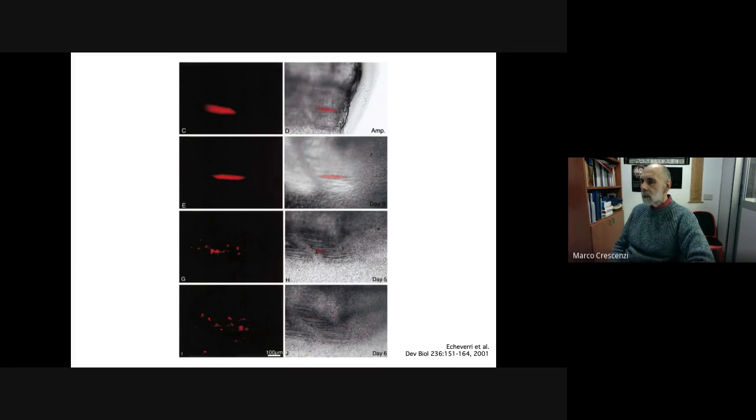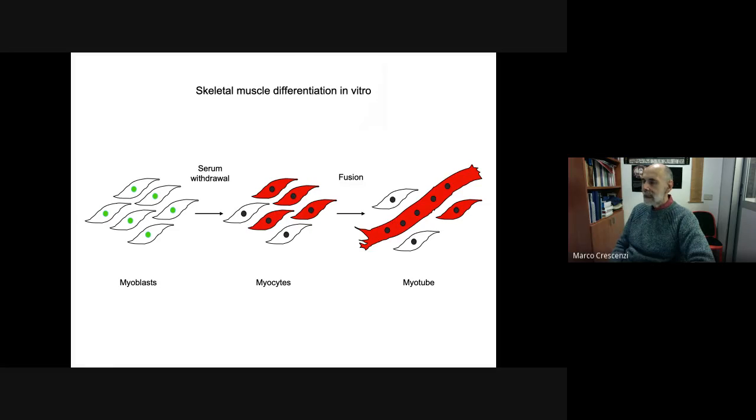So what we mostly work on in our laboratory is skeletal muscle. We use it because it's an excellent example of terminal differentiation. Aside from infestation from Trichinella spiralis, there are no other known examples in nature of skeletal muscle cells re-entering the cell cycle.